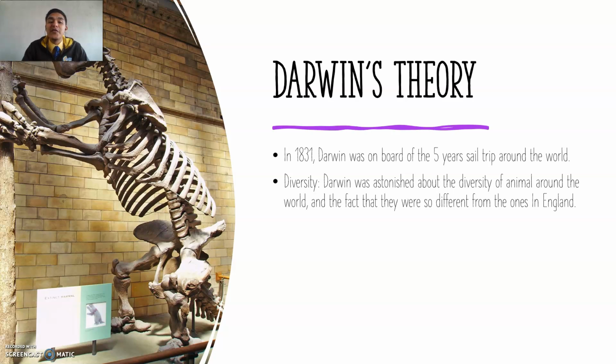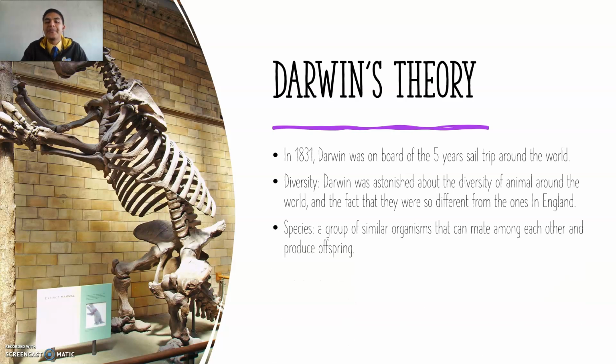It is a very beautiful bird with a very long tail, which our people used to call the flying snake because of how large its tail would be. But if you go anywhere else in the planet, you are not going to find the quetzal. And something similar happened to Darwin when he was observing the species. He was observing that they were pretty different from the ones where he was from.